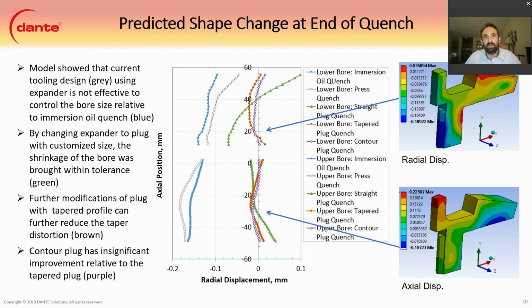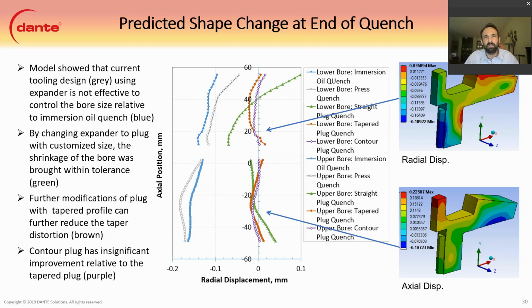So what DANTE did was, through our experience, we've learned that plugs can control the bore dimension much better than an expander can. The plugs generally need to be larger than the bore size when they're cold. Once the gear is heated up, then it has no problem slipping over the plug. So that would be the green line then, is the plug.